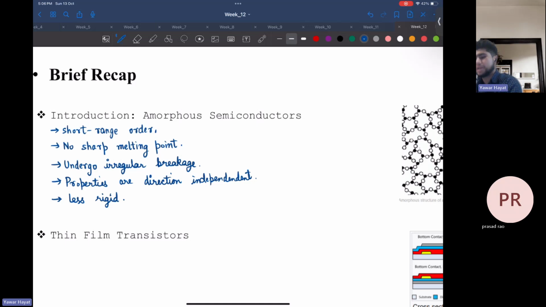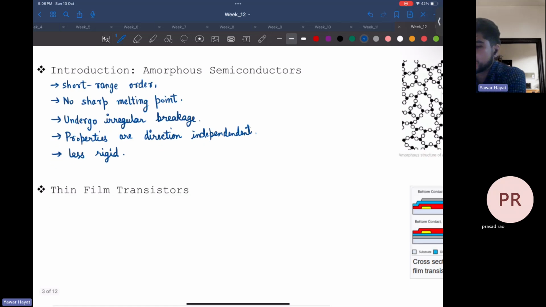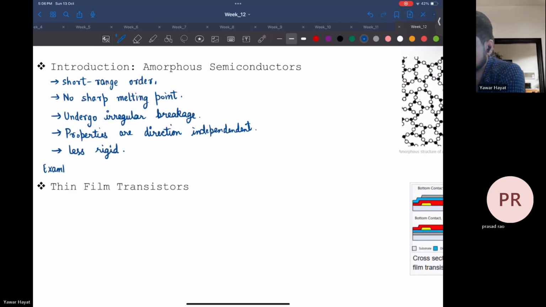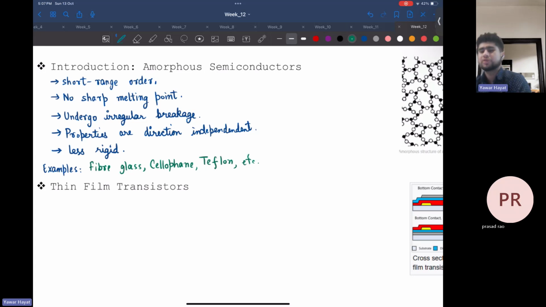Examples would include fiberglass, cellophane, Teflon, etc. I'm giving the examples for the amorphous solids.